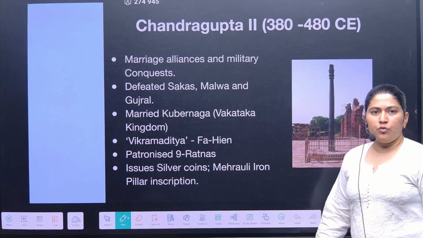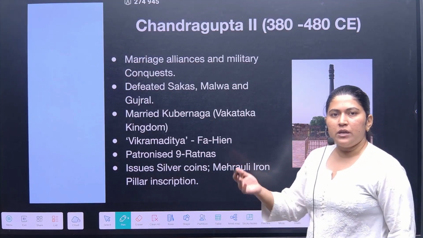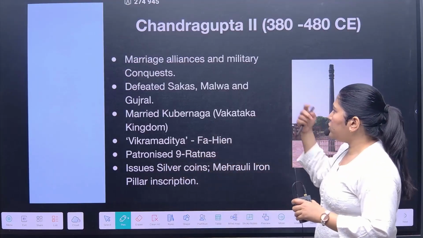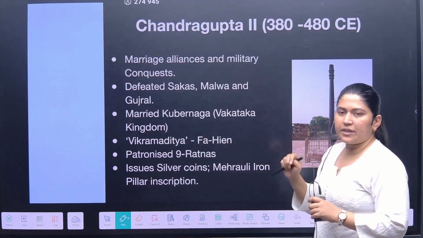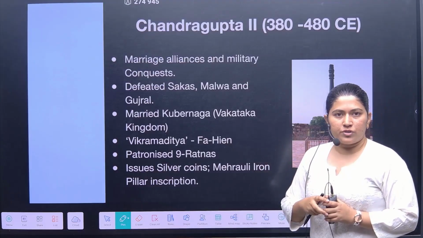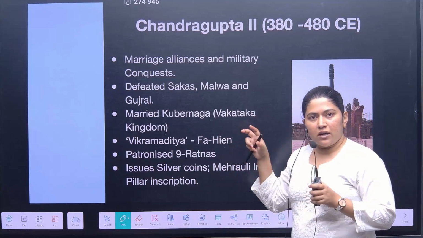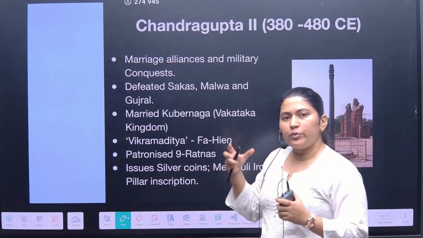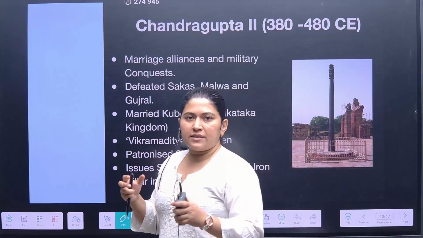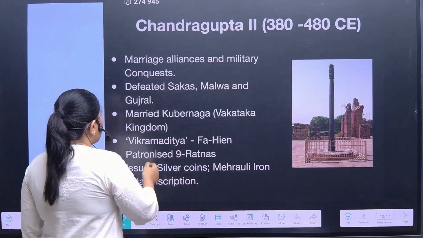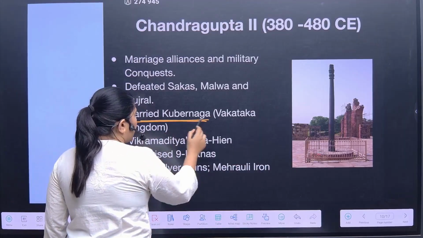So again you will see that during Chandragupta I, they believed in conquest through marriage alliances and military wars. Here again in the third generation they would be following the same aspect, the marriage alliances, and that is why Chandragupta II married Kubar Naga.